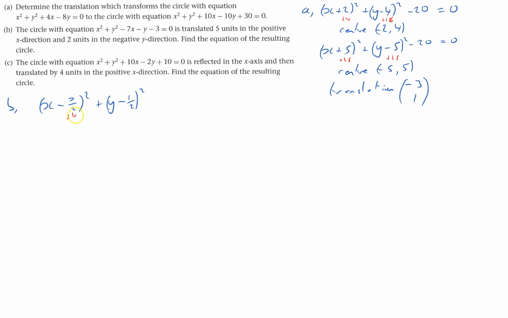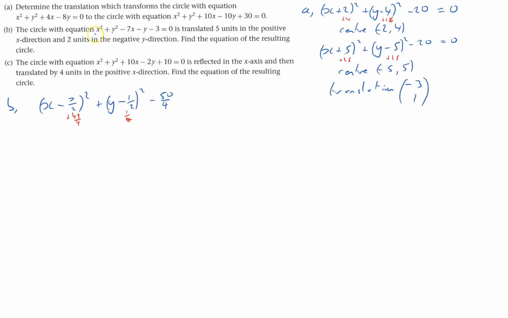It will also give me plus 49 over 4, and this one will work out the y squared and the minus y, but it will also give me plus a quarter. And so that's 50 over 4, so I'm going to have to take away 50 over 4.